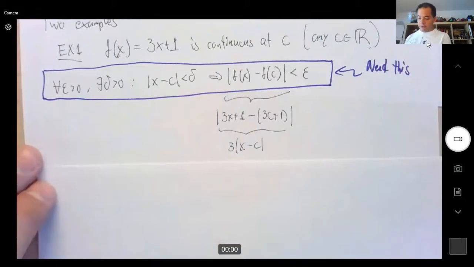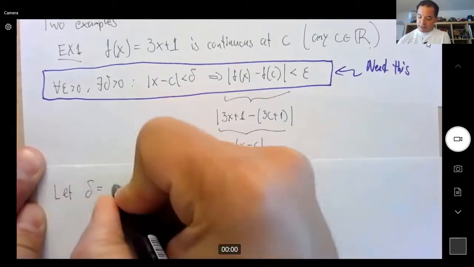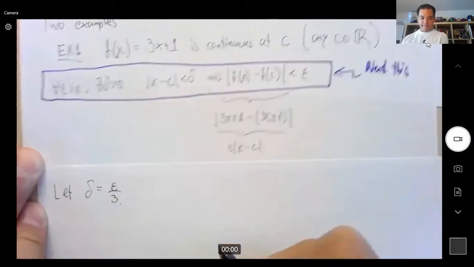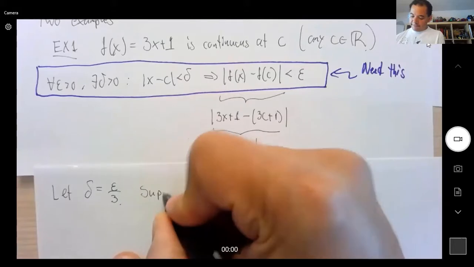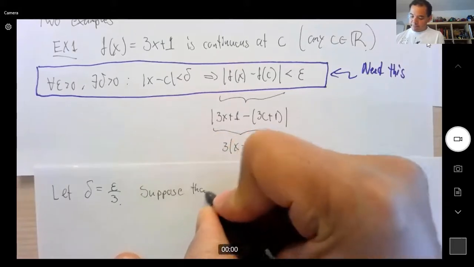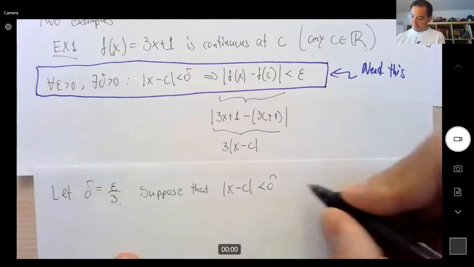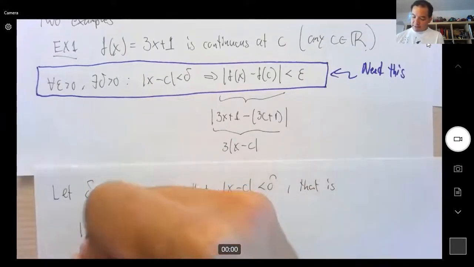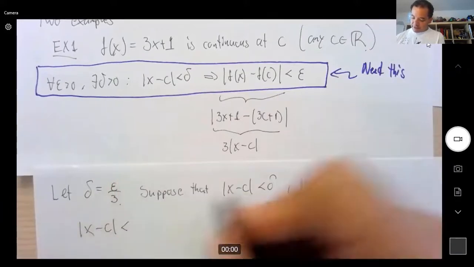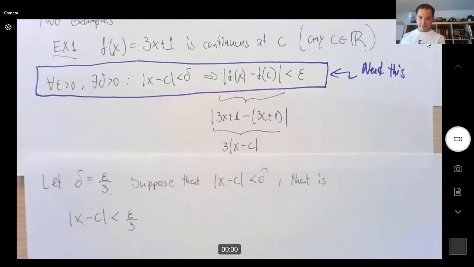So now let's try to write it down. So here's the proof. Let delta be epsilon over 3, right? Suppose that |x minus c| is less than delta. That is, |x minus c| is less than epsilon over 3, right?